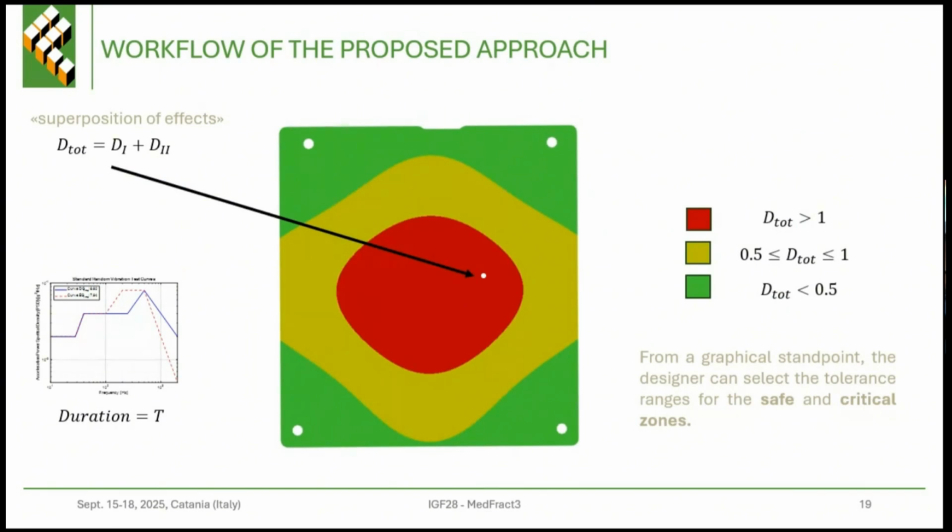So at the end, the designers, from a graphical point of view, can select a tolerance range for the safe and for the critical zone. And of course, the green one is the safe zone where you can put that component, and the red one is the critical.